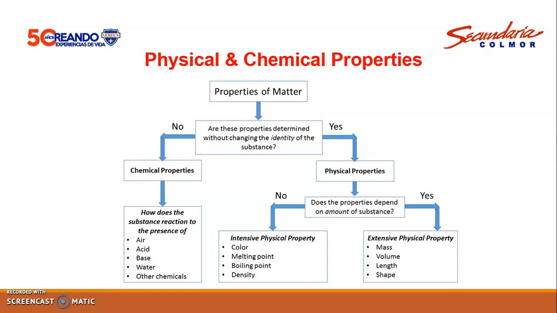But if the answer is yes, if it depends on the amount of substance, then you are talking about extensive physical properties, which are mass, volume, length, and shape. So remember, the density is always the same, no matter the amount of substance that you are dealing with.